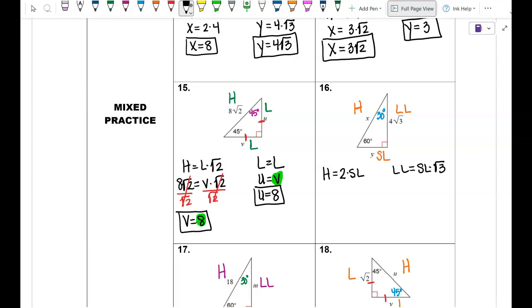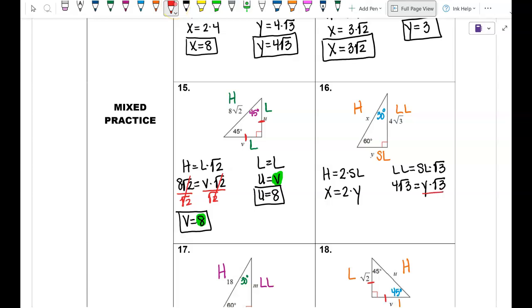Number 16, x equals 2 times y. Now, when I substitute in there, I have 2 unknowns, which means I can't start there. I have to know one of those values first. So now I need to go over to the other equation and substitute and get 4 radical 3 equals y times radical 3.